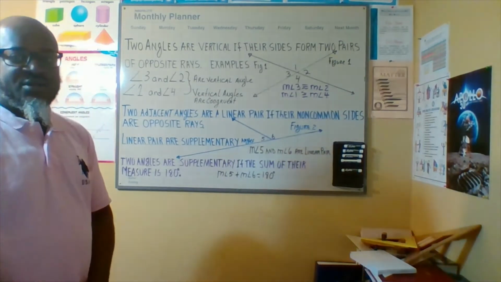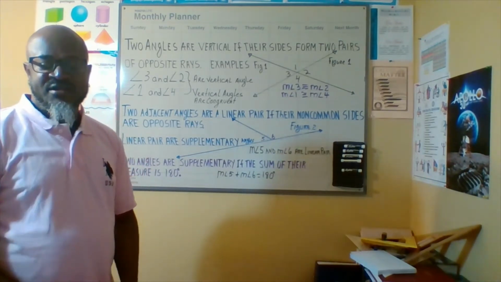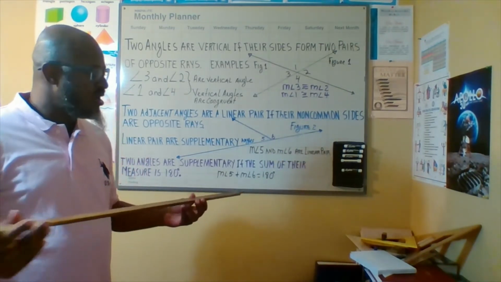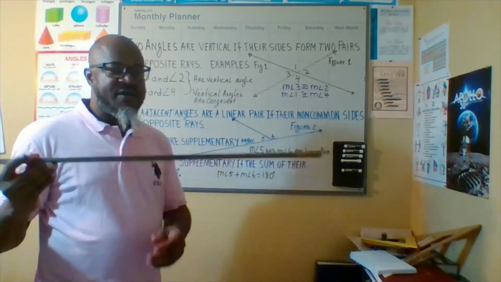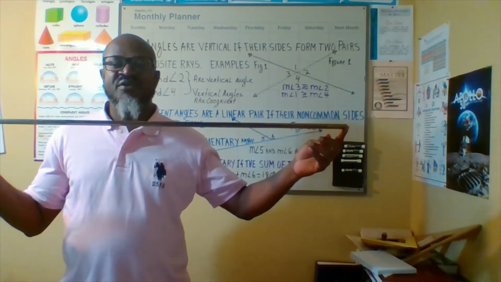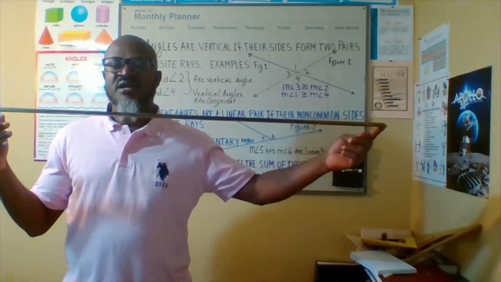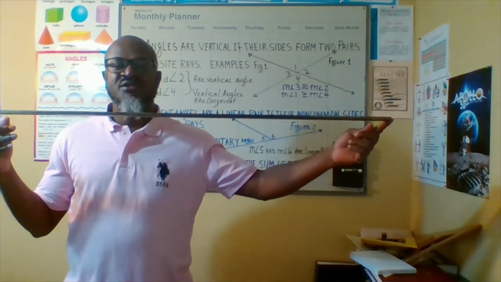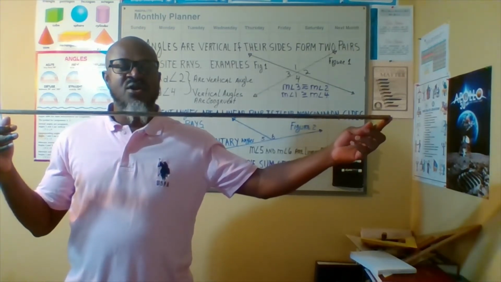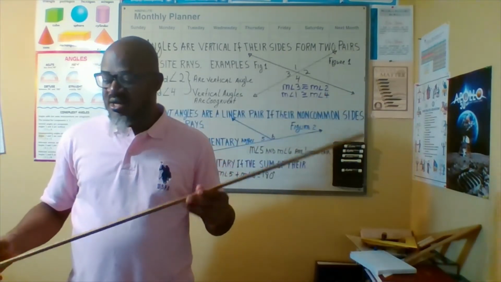A linear pair is a pair of angles that sum up to 180. This is when you use the entire line, 180. In geometry you have different types of angles, and the largest angle you deal with is a straight angle, which is equivalent to 180.